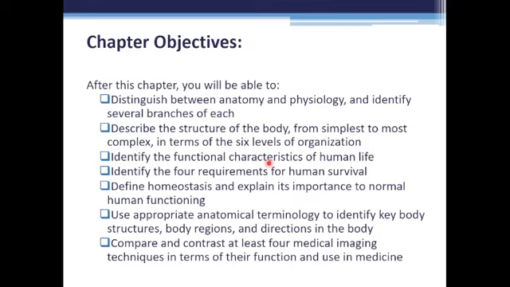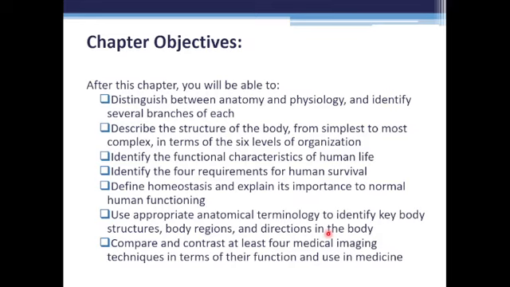Then we identified the 4 requirements for human survival. What does human survival need? We talked about that in section 1.4. We also defined homeostasis and why homeostasis is important. We also talked about anatomical terminology, which is a very long topic, and we identified the body regions, the different directions, the structures, the abdominal quadrants.